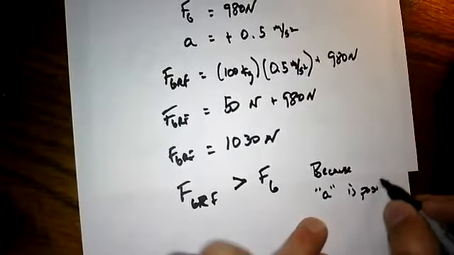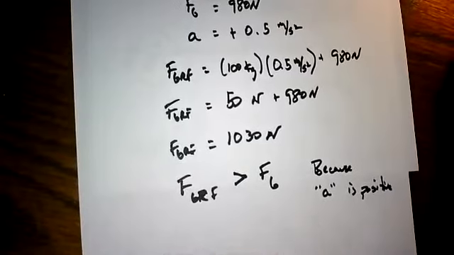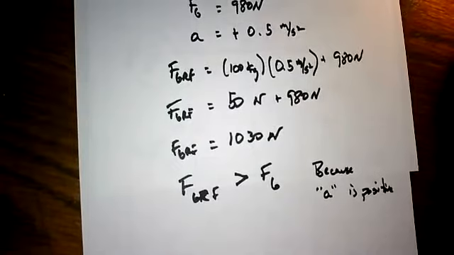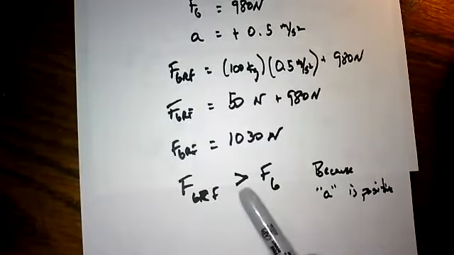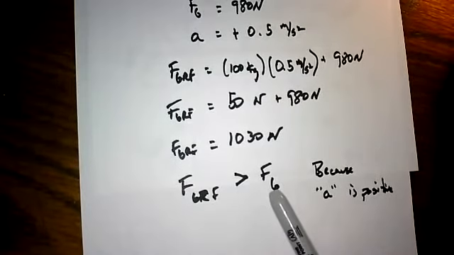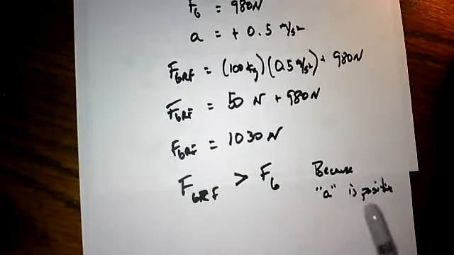And I'm saying that a little backwards. The forces cause the acceleration. The acceleration does not cause the forces, but in terms of words, this is just a nice way to describe the math. The ground reaction force will be greater than body weight when acceleration is positive. And this is the math that supports that.